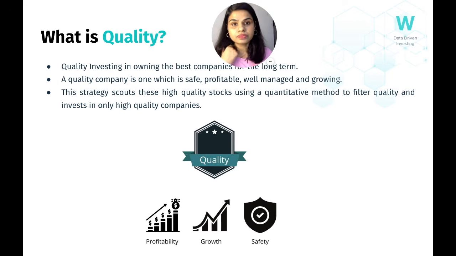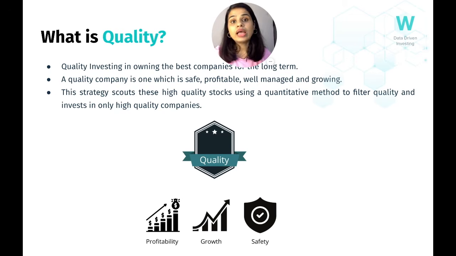Now again, when you look at high quality companies, you will typically see that these companies are more from the consumer sector. They're more defensive companies compared to cyclical sectors like metals, construction, etc. You'll see more FMCG and more conservative companies in this portfolio, and these companies tend to be very strong performers in any market.